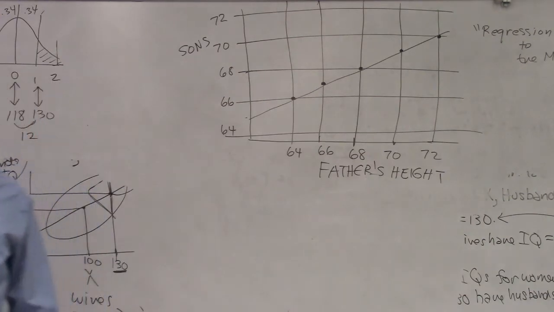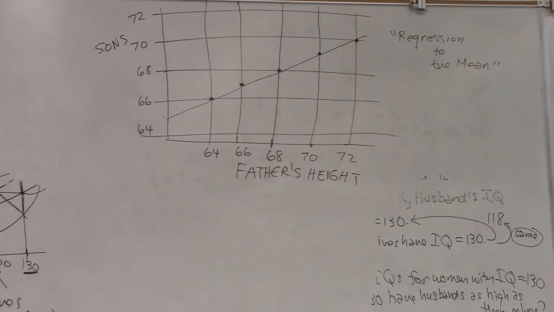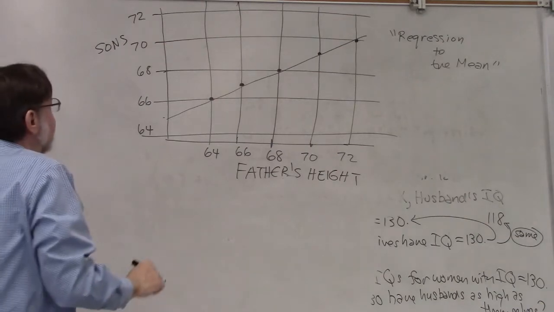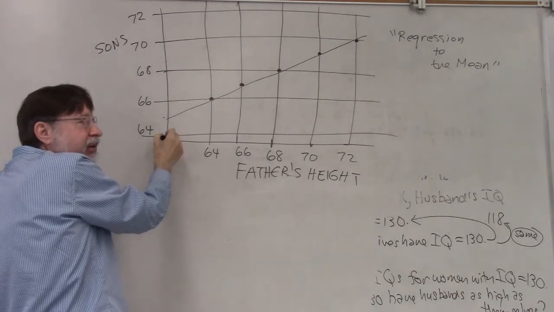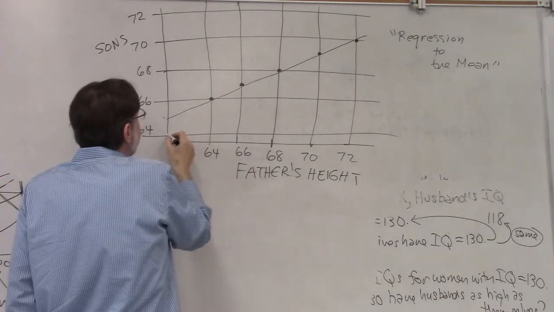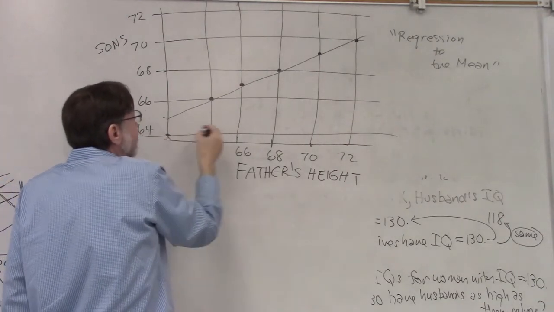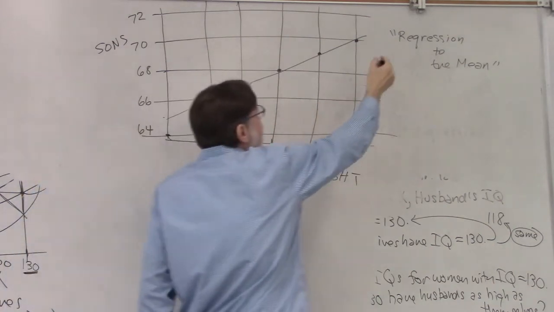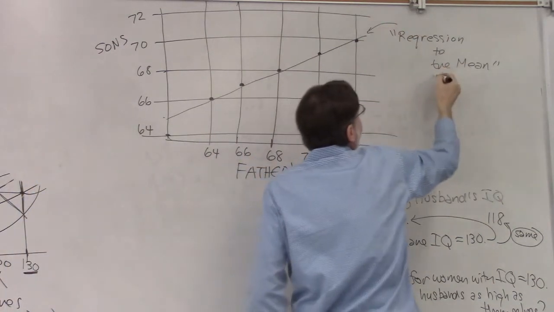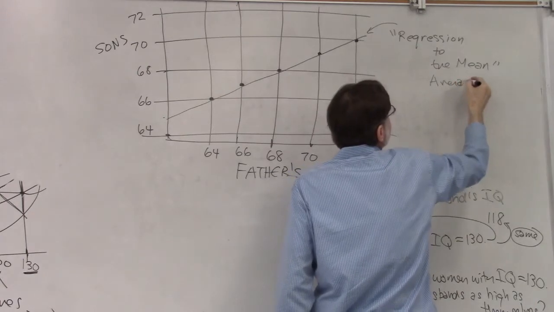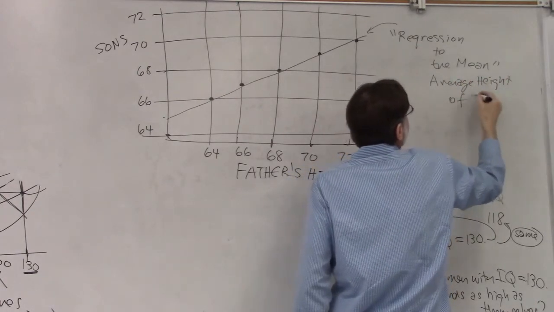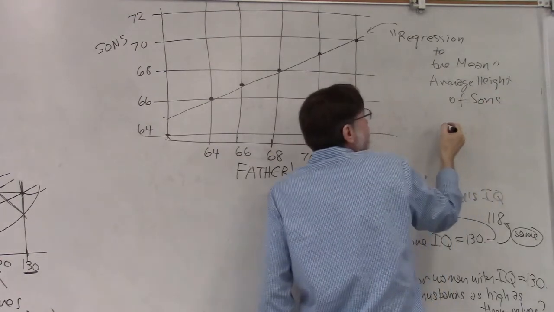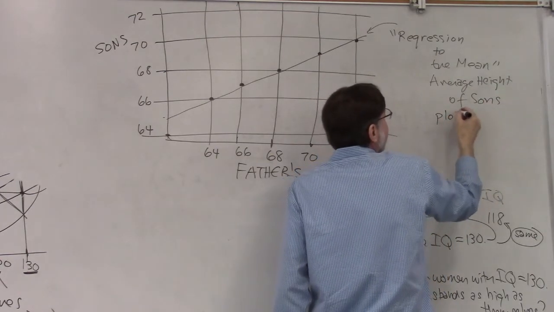But he had the same data, and so he decided, I'm going to average the data another way. And he looked at the data another way, and he said, how about the sons who are 64 inches tall? What are their fathers like? And he found that on average, if the son was 64 inches, the average, so this line right here is the average height of sons as a function of, or plotted against, the fathers.